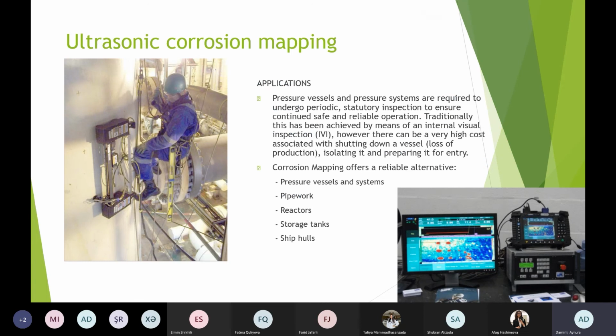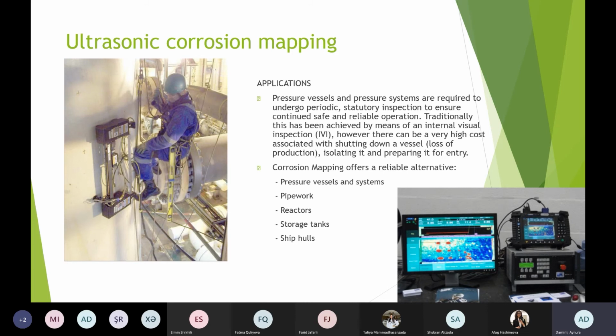Another type of ultrasonic inspection is corrosion mapping. This is a tool which moves, covering a bigger area for inspection. It can be applied on different types of equipment like pressure vessels, pipe work, reactors, storage tanks, ship hulls. In our case, the first four are more applicable for us. By doing this inspection, we don't need to enter the equipment.